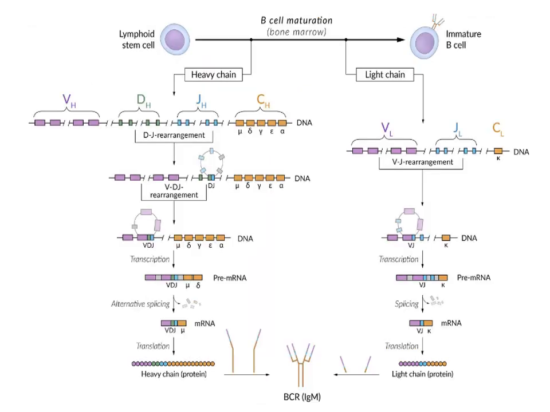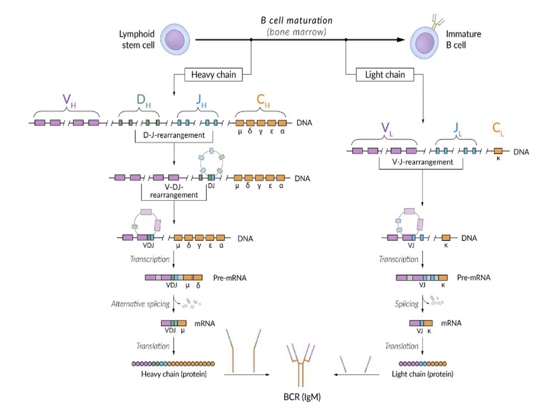So this is a slide that explains the process of gene rearrangement and eventually the production of varieties of antibodies. You can see a lymphoid stem cell undergoing maturation into an immature B cell through the process of lymphopoiesis. You'll notice that the heavy chains and light chains of the antibodies are already being formed from the genes present within the individual.